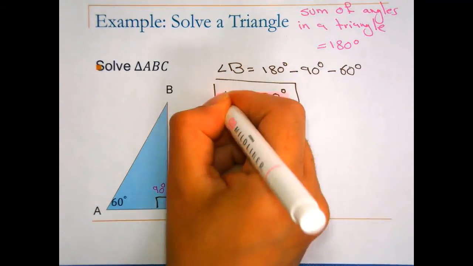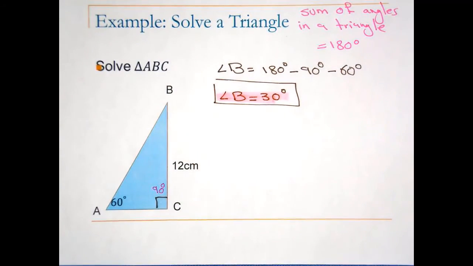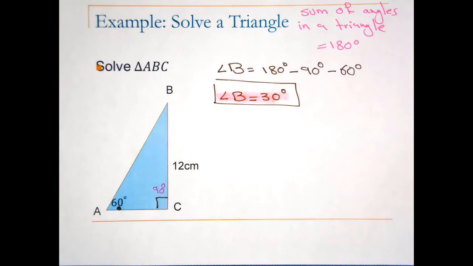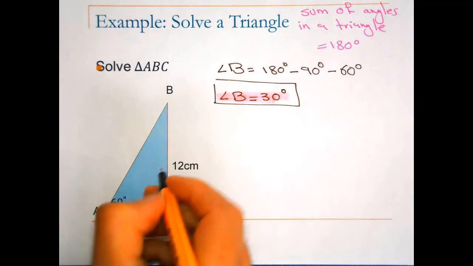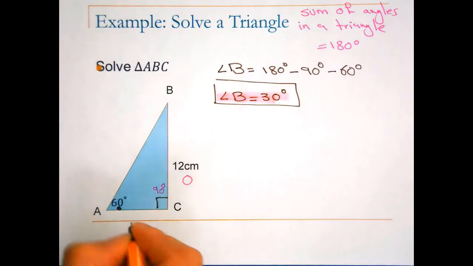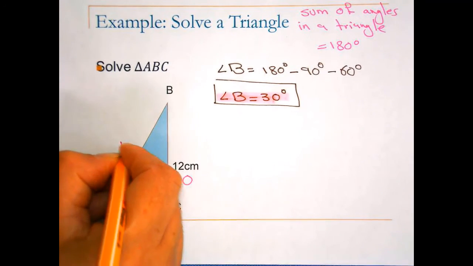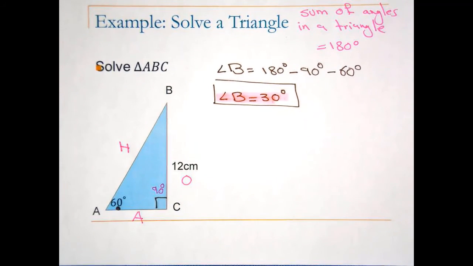We still have two sides to find. So I'm going to label with respect to the angle that I have, which is angle A. So this is going to be opposite, this is going to be adjacent, and this is going to be hypotenuse. So I start by finding one of the unknowns. It doesn't matter which one.